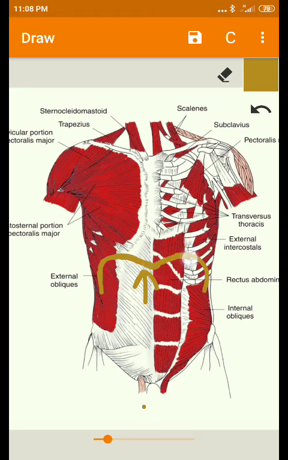And the central tendon is stabilized on the intra-abdominal pressure. Once this is stabilized, the costal fibers of the diaphragm will contract. Actually these are present vertically.